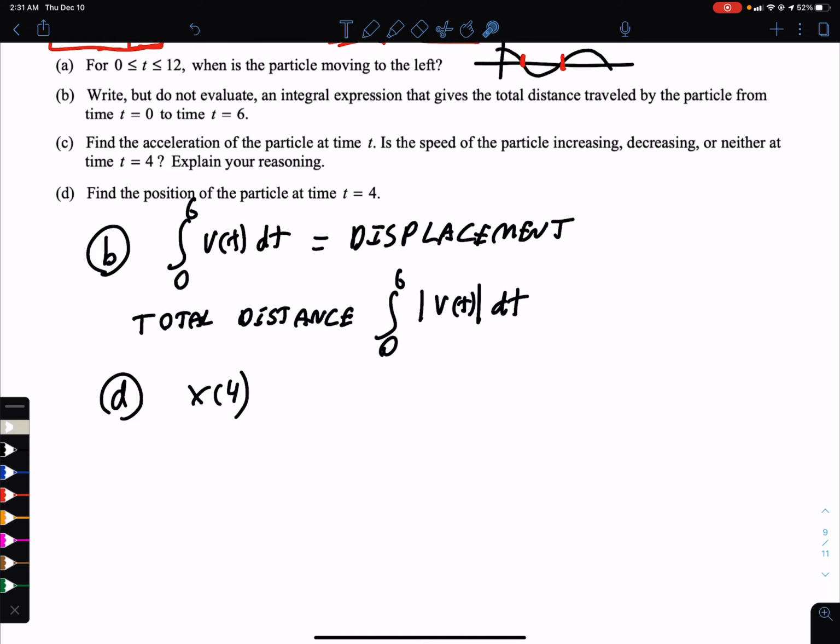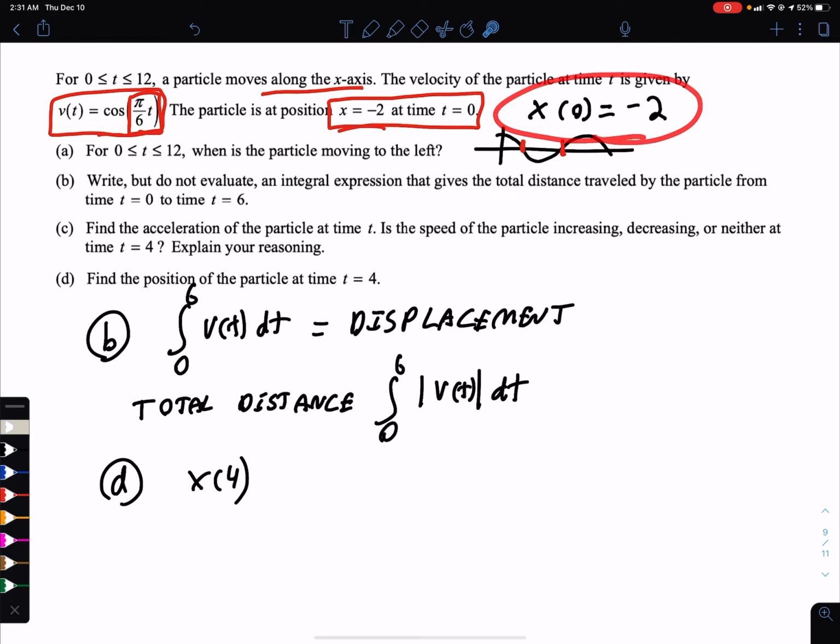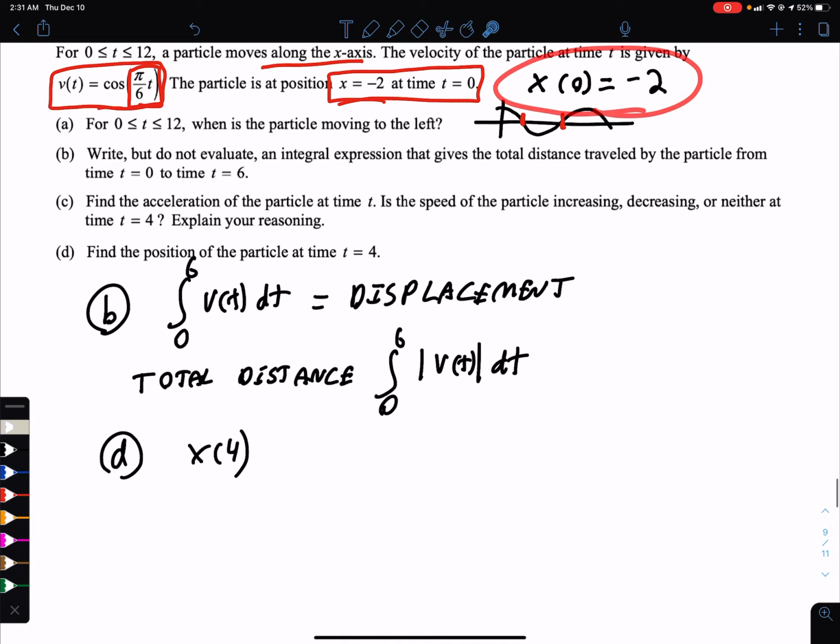They want the position at 4. I want to remind you we have x at 0. So I'm going to write that down here. We know at time t equals 0, the position is negative 2. Now here's why this is huge. Watch very closely. This is the fundamental theorem.